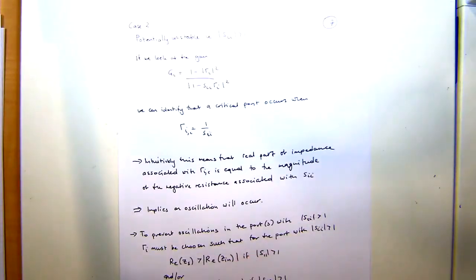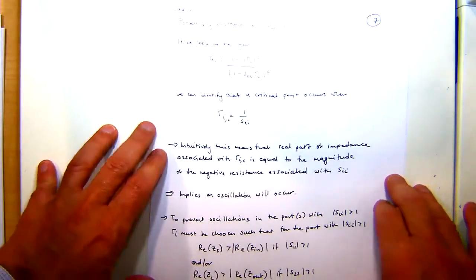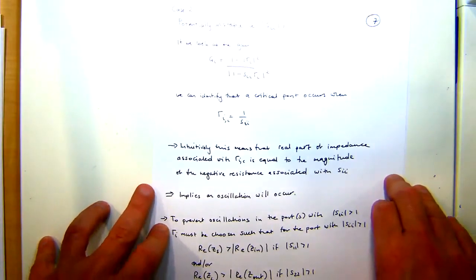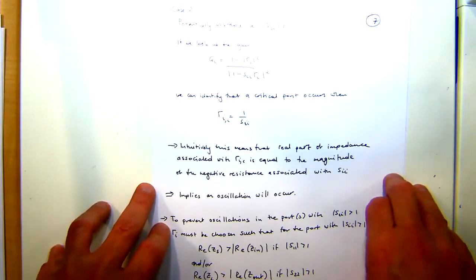Now, there's another case that we need to consider. Remember in case number 1, we were considering a transistor that was unconditionally stable. As you can imagine, there are circumstances where that transistor may not be unconditionally stable.